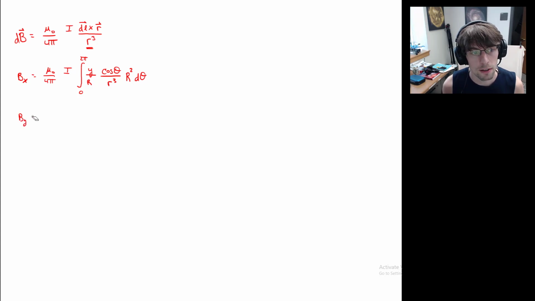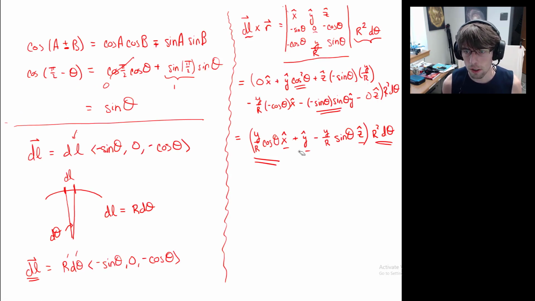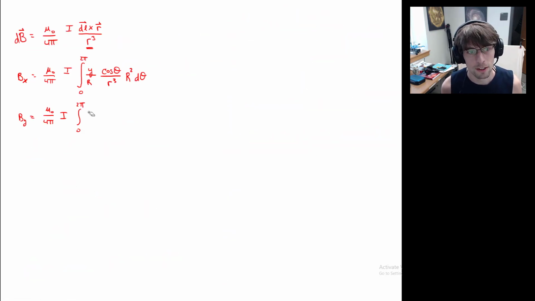Of course, we have By equals mu naught over 4 pi I, and the exact same thing, 0 to 2 pi. And now we need to look at the y component. Oh, good, just y hat. So we have r squared d theta over r cubed. Fortunately, that's just the y hat, so we don't have anything else to go in there. Just 1. And we have Bz: mu naught over 4 pi I, 0 to 2 pi.